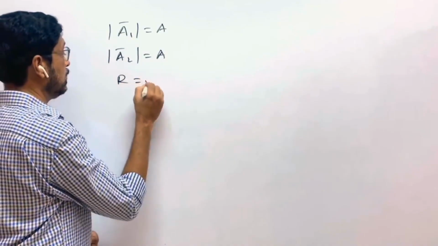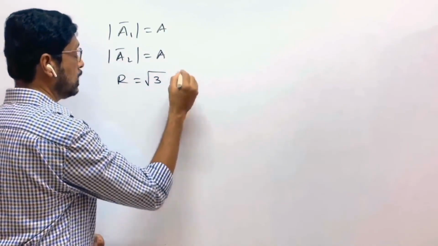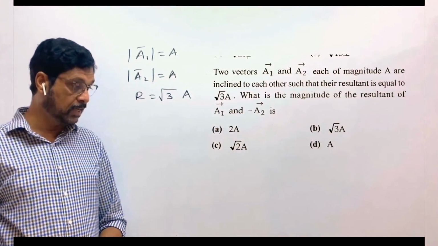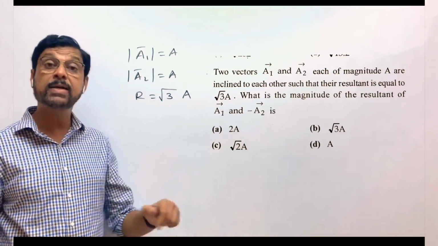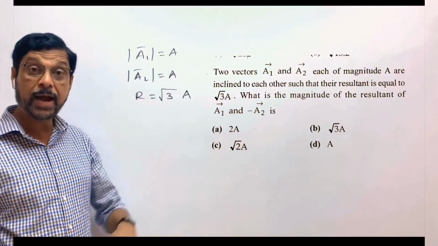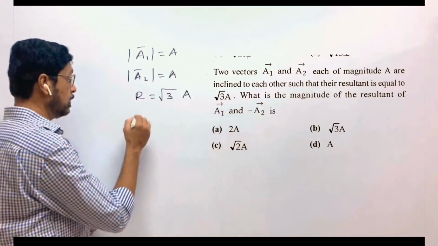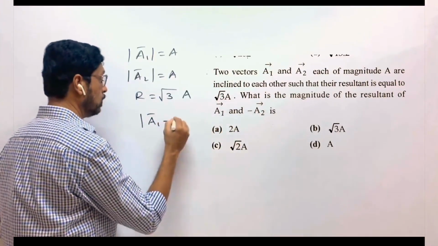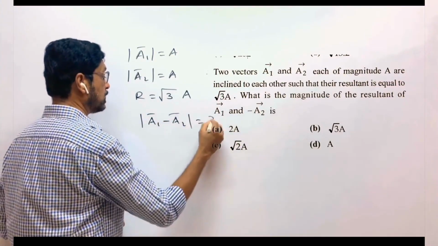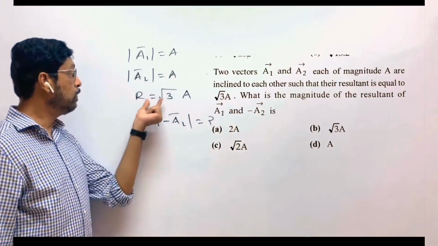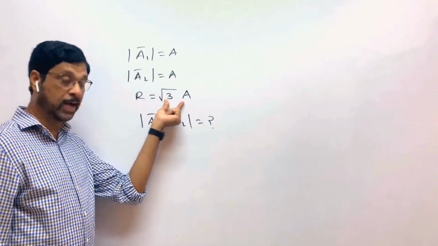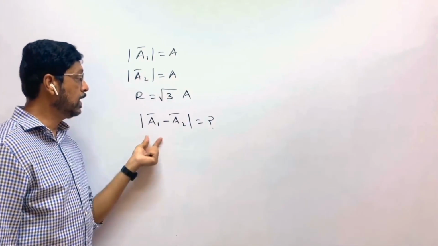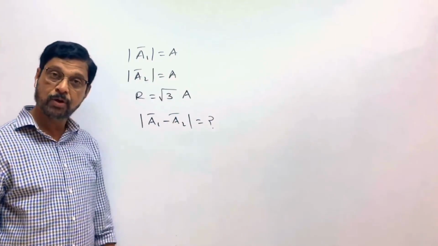Their resultant is root 3 times A. What is the magnitude of the resultant of A1 and minus A2? A1 और minus A2 का resultant means magnitude of A1 minus A2. A1 plus A2 का magnitude दिया हुआ है ना, root 3A.